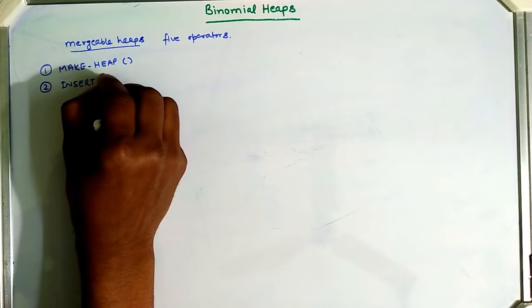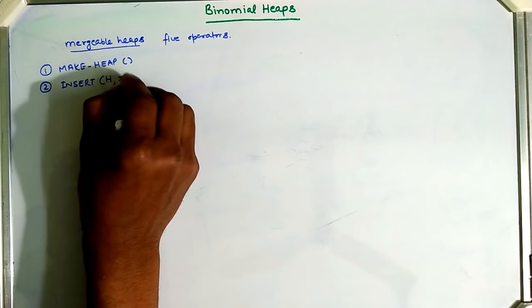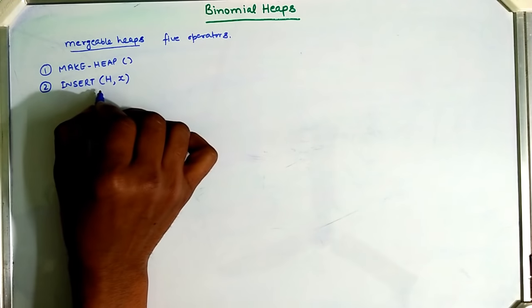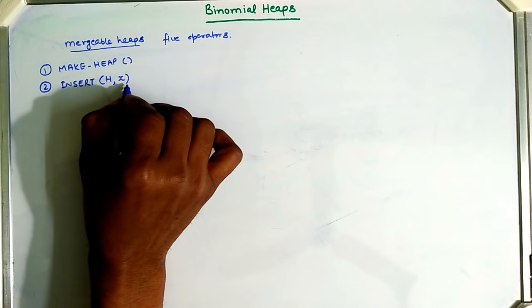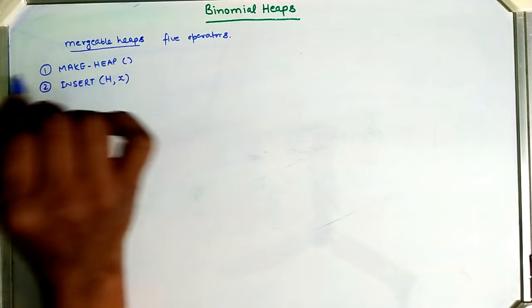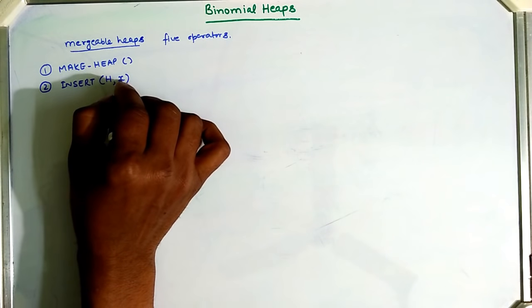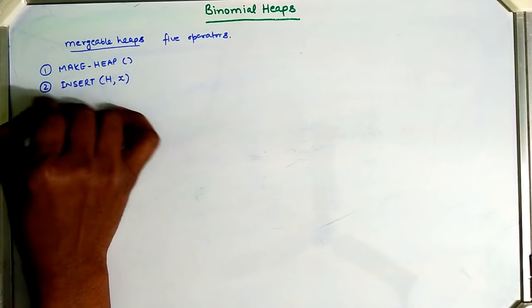If we have an existing heap H and we need to insert an element with information X, this insert procedure will insert node X, whose key field has already been filled in, into the existing heap H. So the node X with some key is inserted into the heap H.